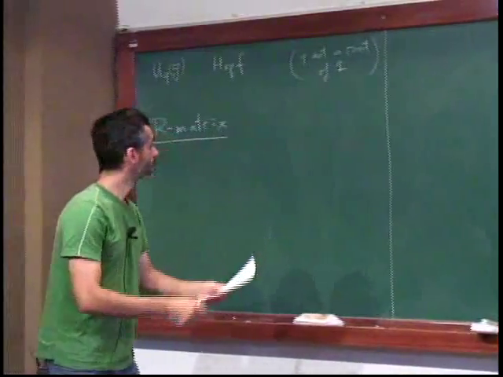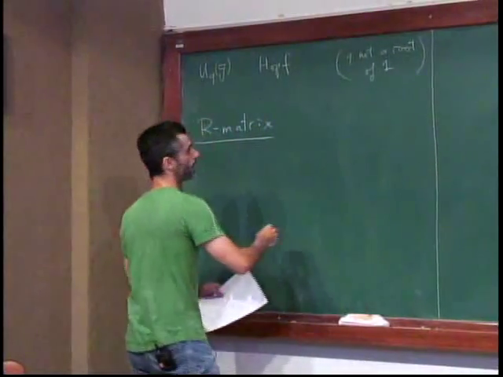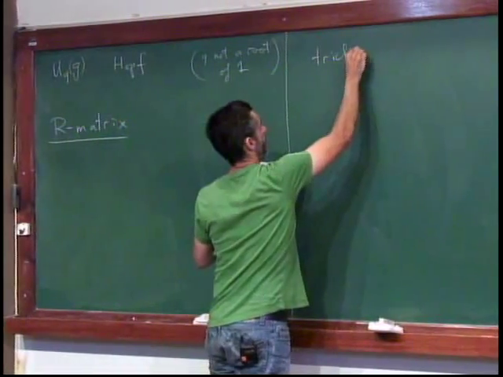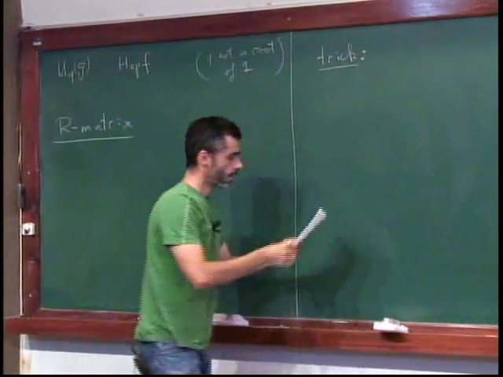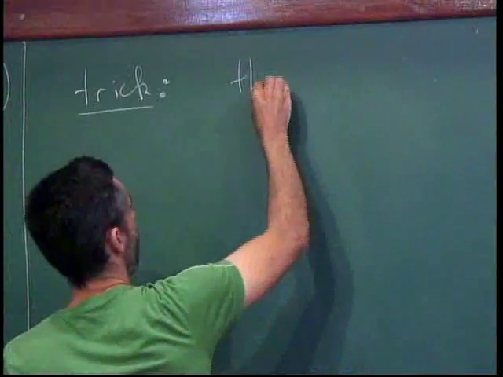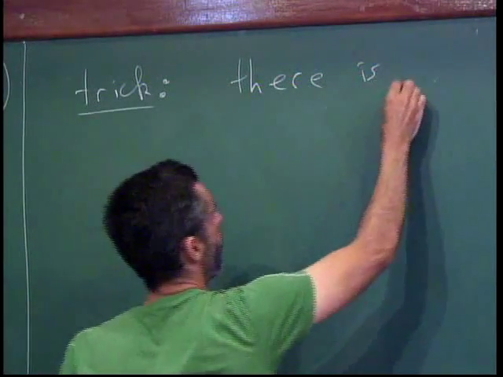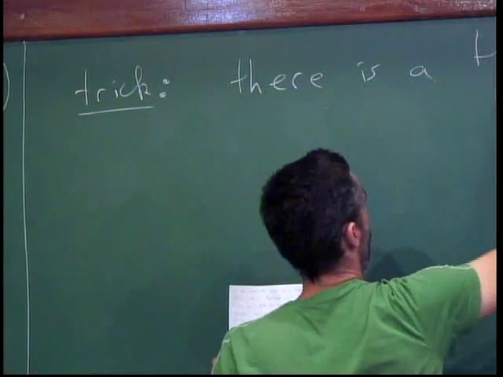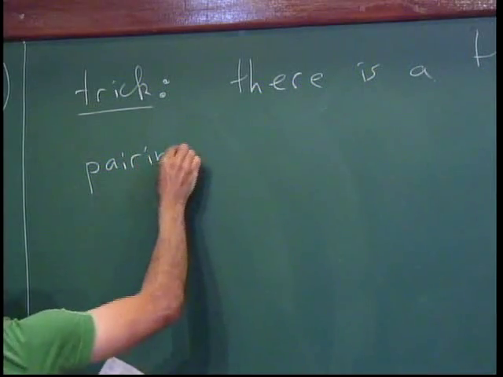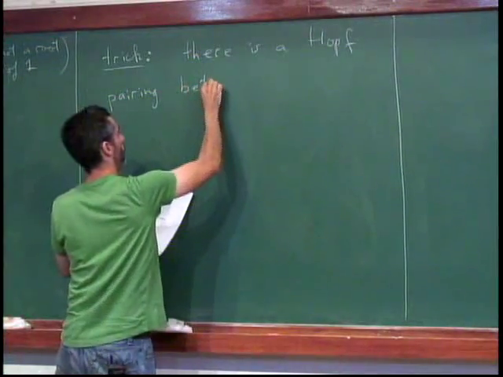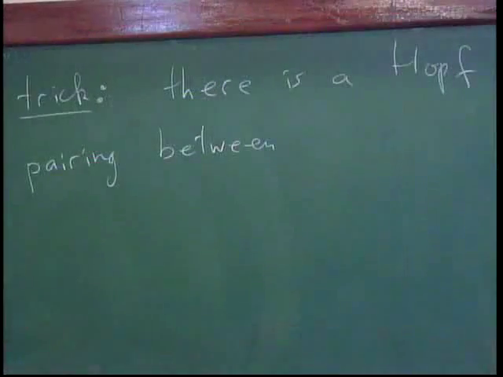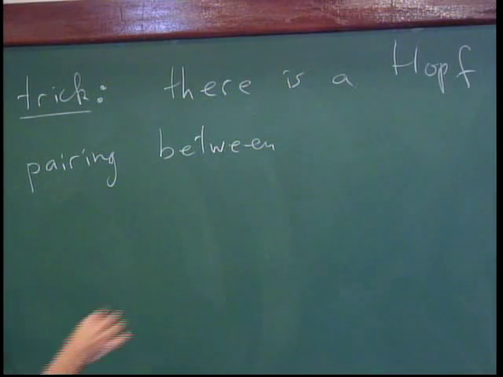And the trick is to note that there is a Hopf pairing between the following two subalgebras of UQG.